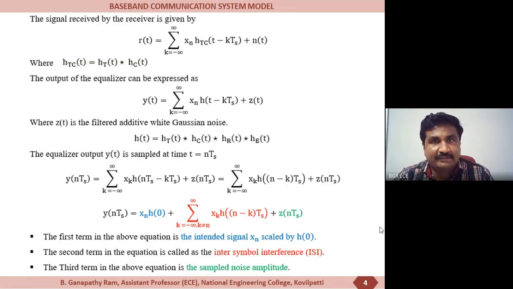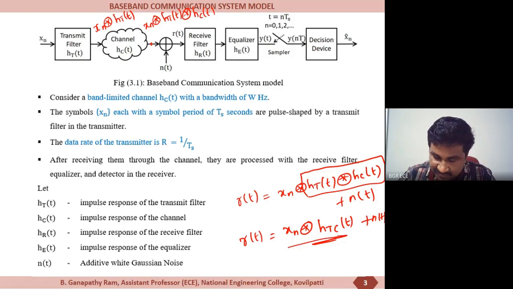So the signal received by the receiver is given by R of t is equal to summation of k is equal to minus infinity to infinity htc of t minus kTs plus n of t. That is, the convolution sum is expanded. This is the convolution sum.